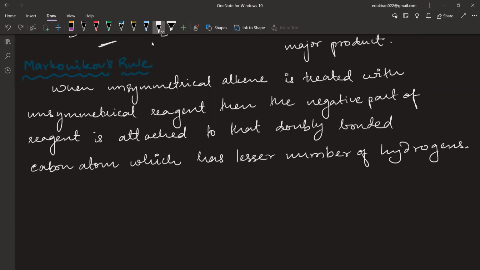Let us do one thing. Okay, so now this carbon will have one hydrogen. This carbon already has 4 bonds, which means it will have no hydrogen. So if you do HBr, then out of these two, the second carbon is going to get your bromine, and the double bond is going to get broken.